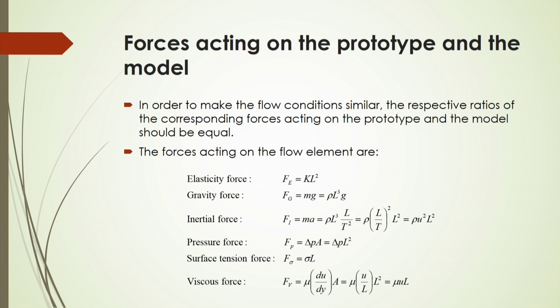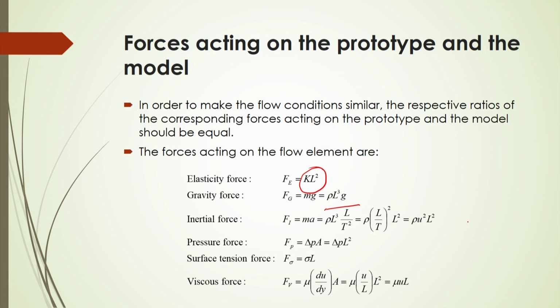In order to make the flow conditions similar, the respective ratios of the corresponding forces acting on the prototype and the model should be equal. Those forces acting on the flow element are like the elasticity force, that is defined as F equal to k L square, and the gravity force, F_g, that will be m into g, that means in terms of dimensions rho L cube g.